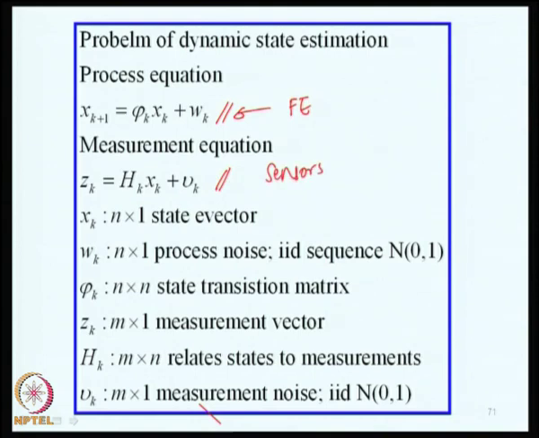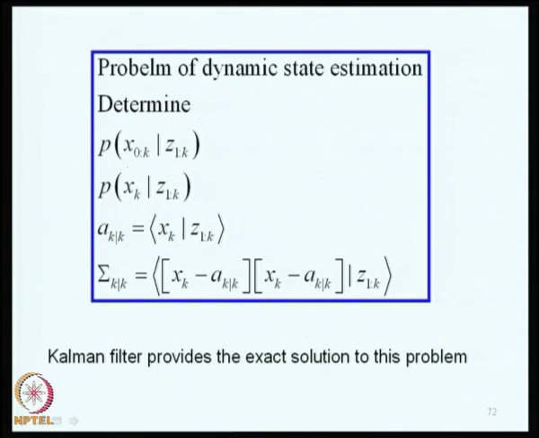So the problem on hand is that we need to find the posterior density function of the response vector given that we have made these measurements. This is the joint density function of x0 to k, the vector x0, x1, x2, up to xk. So this is actually the posterior joint density function. We can take the kth instantaneous state and consider the probability density of xk conditioned on measurements up to that point, and this is known as the filtering probability density function.